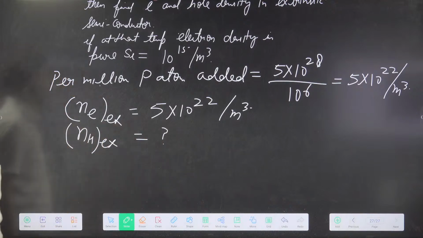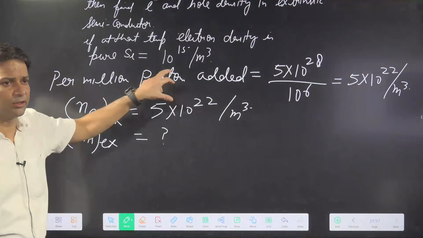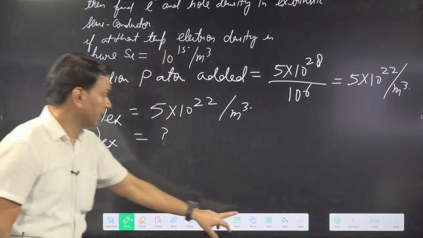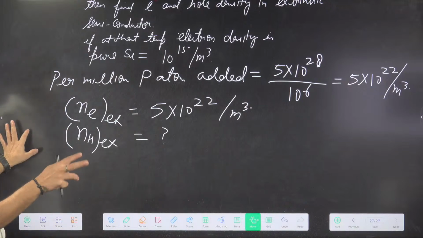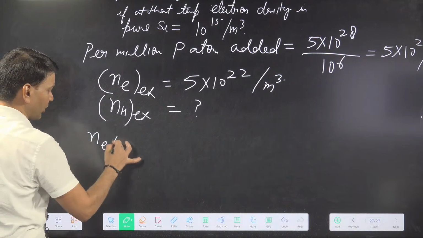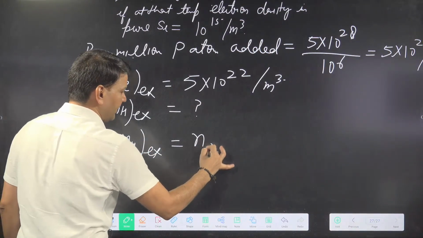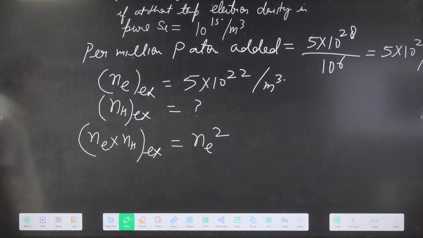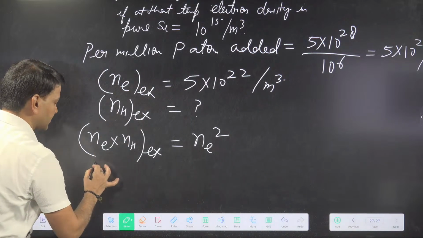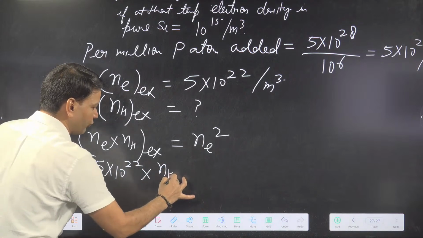In the intrinsic semiconductor they have given the electron density as 10 to the power 15 per meter cube. In an intrinsic semiconductor both will be equal, so Ne into NH, for extrinsic, is equal to Ne square or NH square. Ne in the extrinsic we have 5 into 10 to the power 22, NH I want to find.